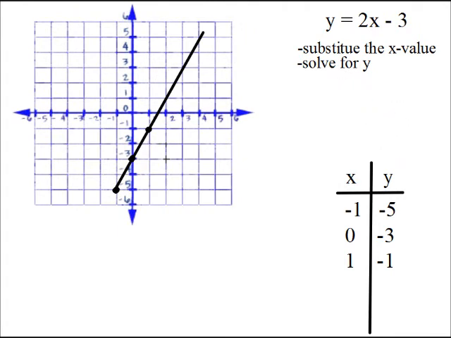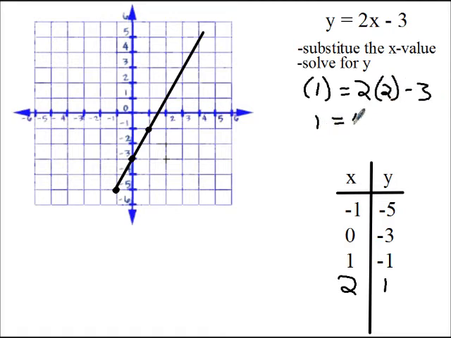According to our graph, (2, 1) should be a point on this line. Let's check. Our y value in this case is 1 equals 2 times 2 minus 3. 2 times 2 is 4 minus 3, which is 1. So it checks out.